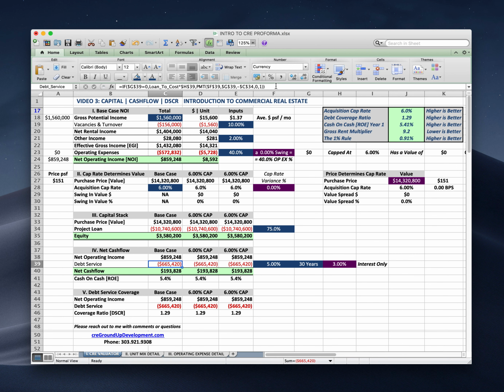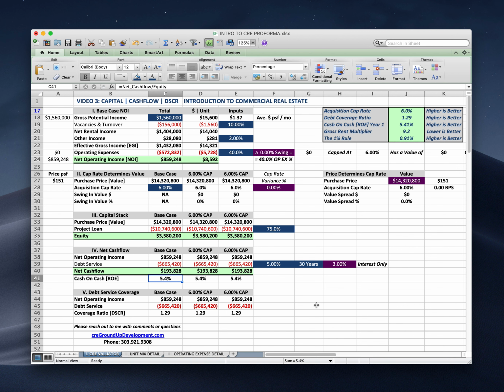All this is saying is that if you borrowed this amount of money at this annual rate of interest and amortized it over this many years, meaning that's the term of the loan, then your payment would be $665,000 against the roughly $860,000 of net operating income, which leaves net cash flow of almost $194,000 a year.